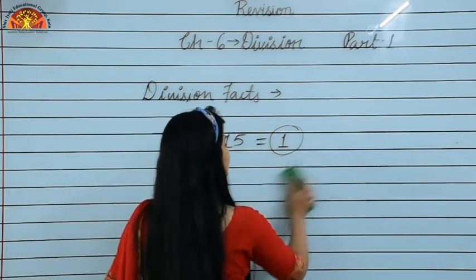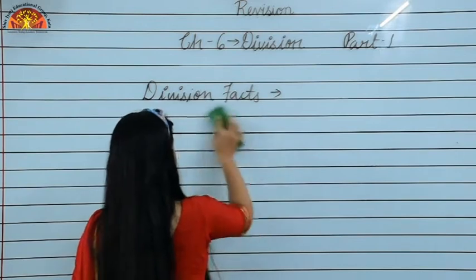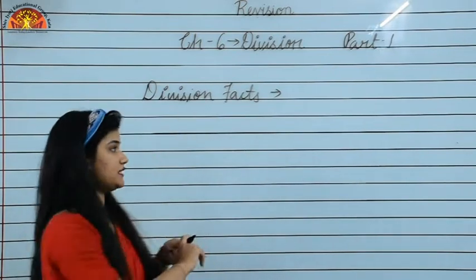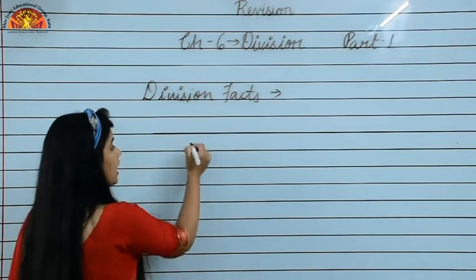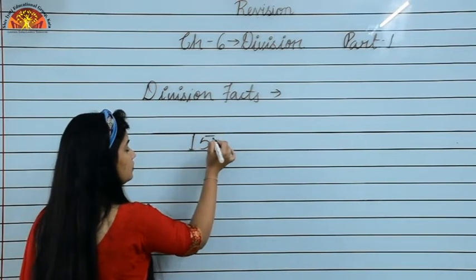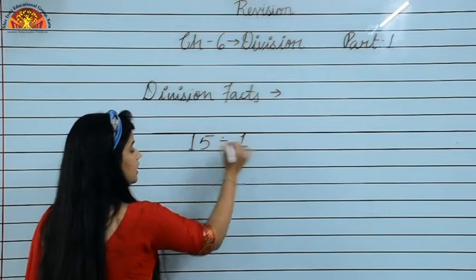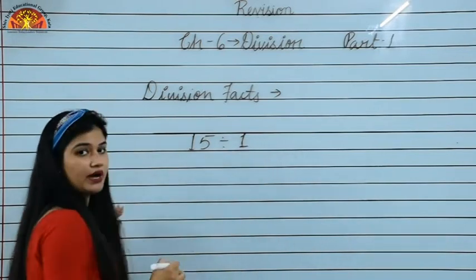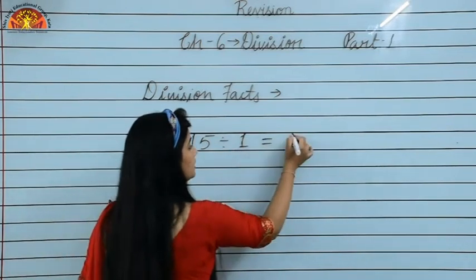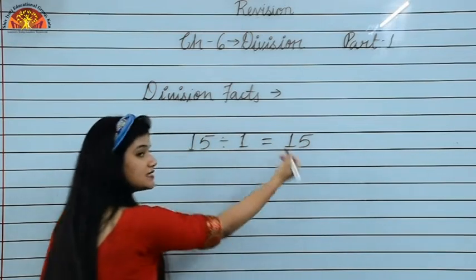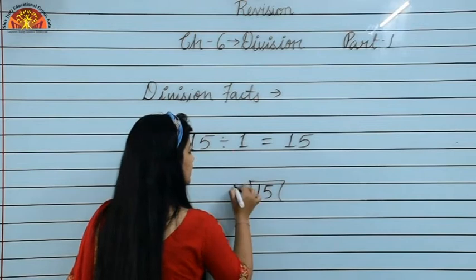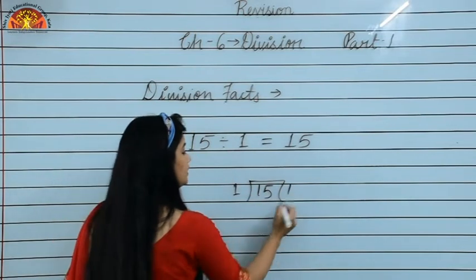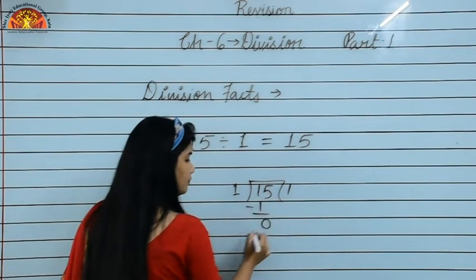Now we'll see the next one, and the next division fact is if you divide any number by 1, आप किसी भी नंबर को किससे डिवाइड करो, 1 से. If you divide any number by 1, the result will be the number itself, the same number will come. मैंने क्या किया, 15 को 1 से डिवाइड किया, then 1 1s are 1, remainder 0.